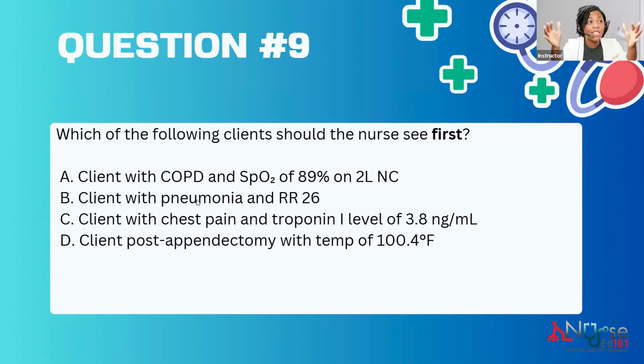So we may not see a normal respiratory rate. We're likely not to see normal for pneumonia. So the fact that their respiratory rate is a little bit more accelerated, we kind of expect that. And I know it's airway, I know it's breathing. But guess what? This is not our priority because it's an expected finding. We're not going to ignore them, but we're not going to see them first because we kind of expect that.